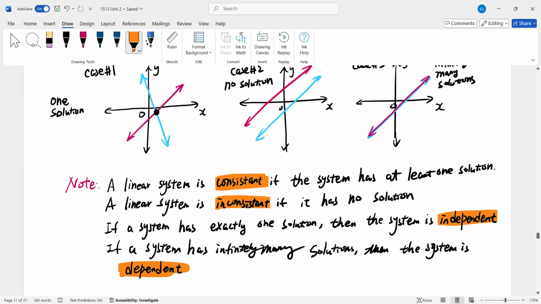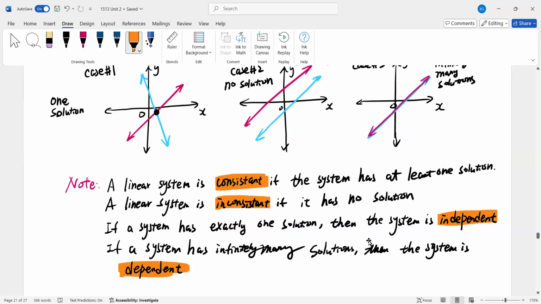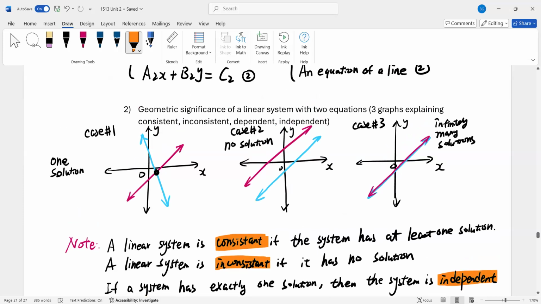If it has exactly one solution, a unique solution like case 1, we say the system is independent. But if the system has infinitely many solutions, like case 3, when the two straight lines are overlapping or coinciding, then the system is called dependent. Once you understand the definitions, that's how they are defined. We have to follow the meaning. Then we know how to determine if a system is consistent or inconsistent, dependent or independent.